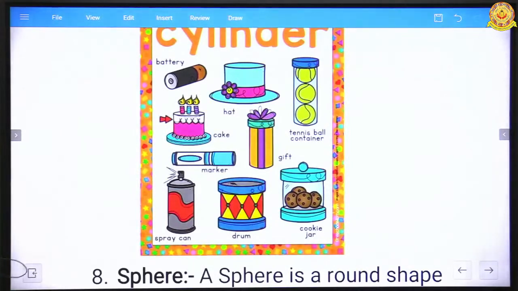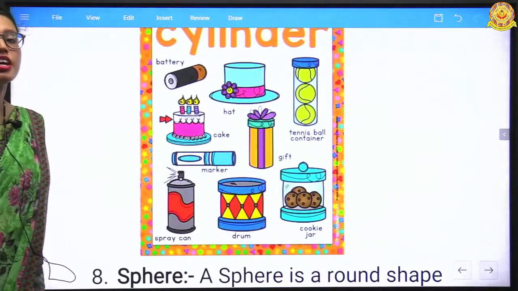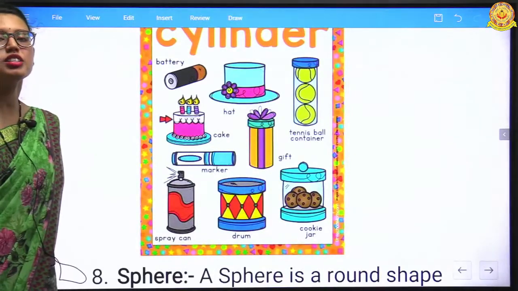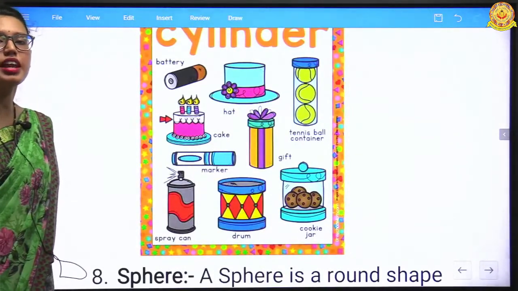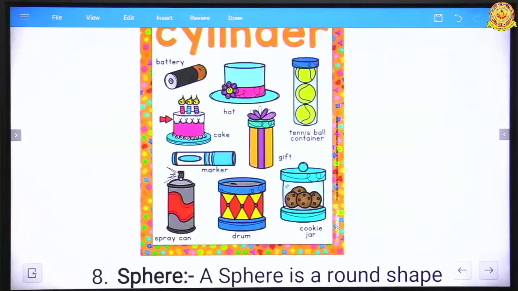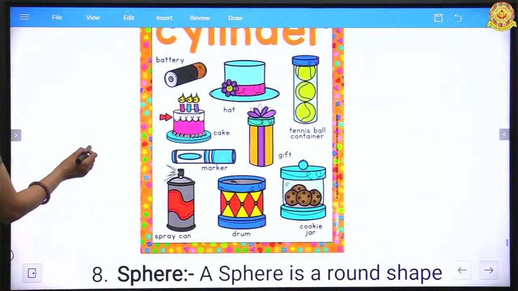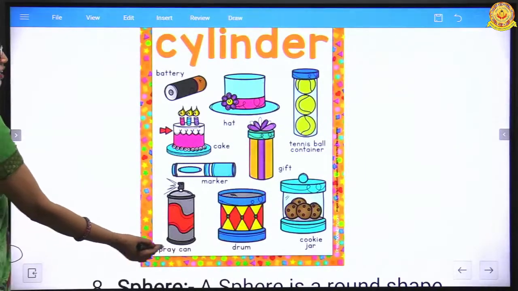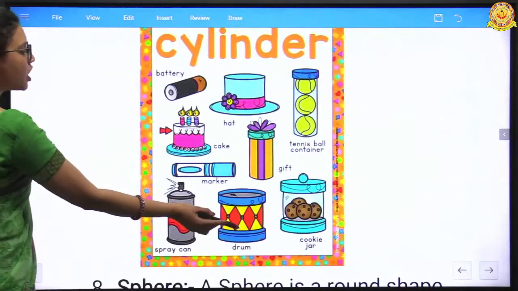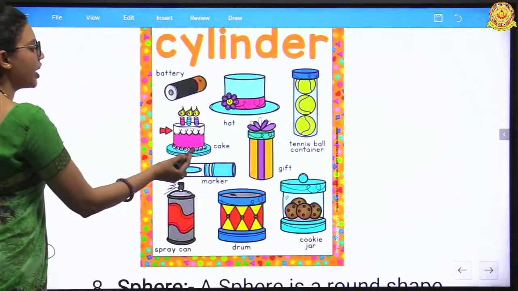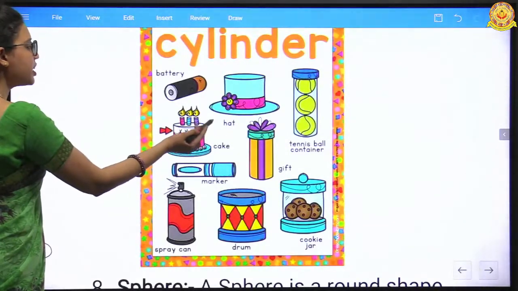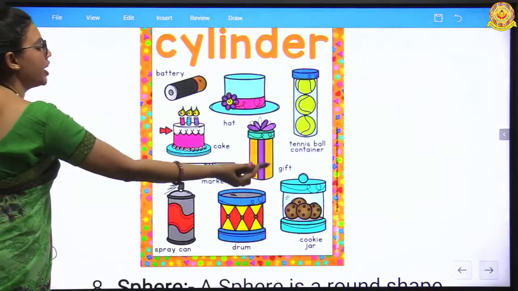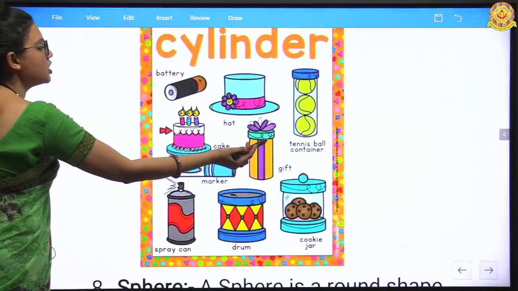If you have ever seen your cookie jar in your kitchen, this cookie jar is also similar to a cylinder shape. So there are some examples of a cylinder shape: a marker, spray pen, drum, cookie jar, gift, cake, hat, battery, and a tennis ball container.